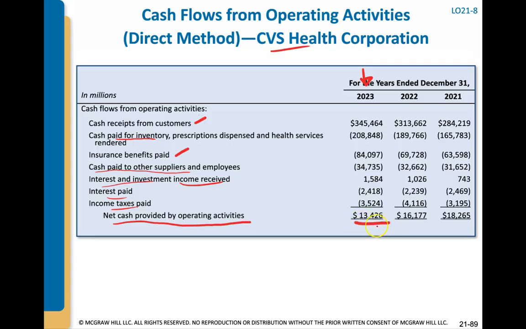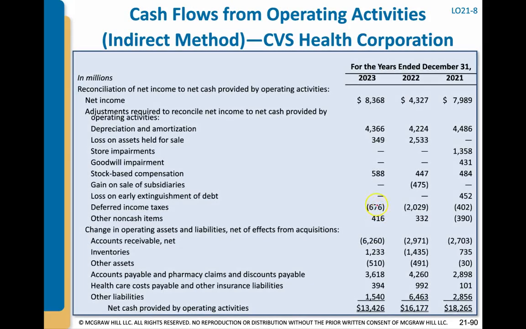The net cash provided by operating activities is 13,426. Now, again, they have to report on the indirect method as well. And look at the 2023 year, it's 13,426. So I'm just showing you once again that whether you use the direct method or indirect, the total net cash provided or used by your operating activities will be the same.